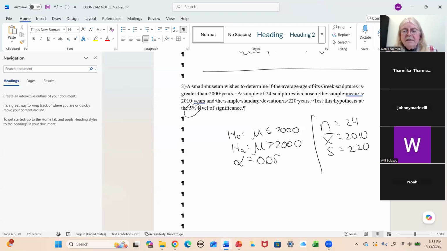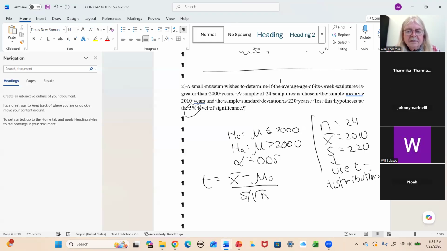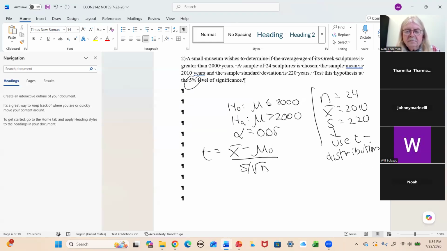So we know that we're going to use the t distribution, not the standard normal. All right, so here's the test statistic. Let's see what it gives us. This is 220.